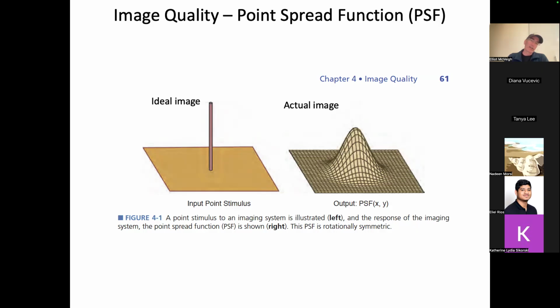But when we go all the way down to the nuts and bolts of what a picture is, one of the things that we want to achieve is a mathematical description of the spatial resolution of your imaging method. And so one way of doing that is, if we provide our imaging system with a point stimulus, just one dot.